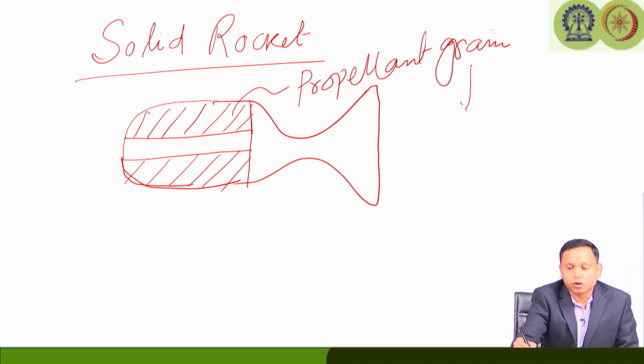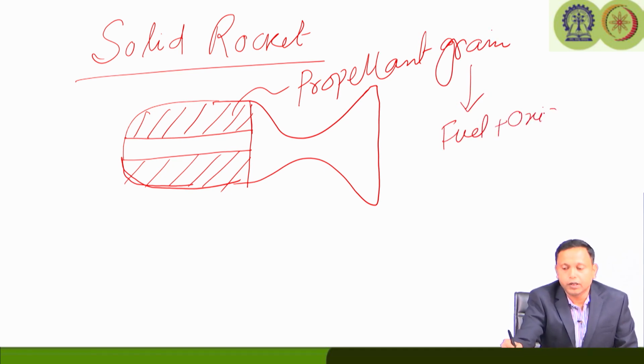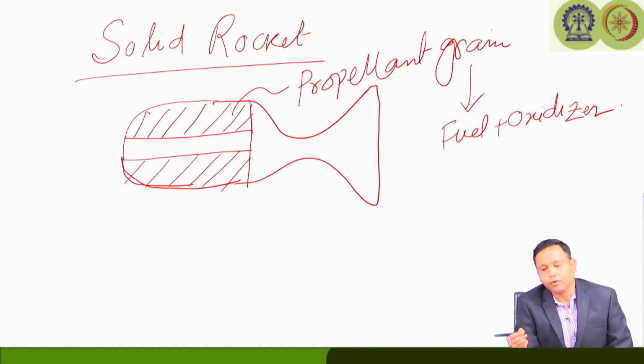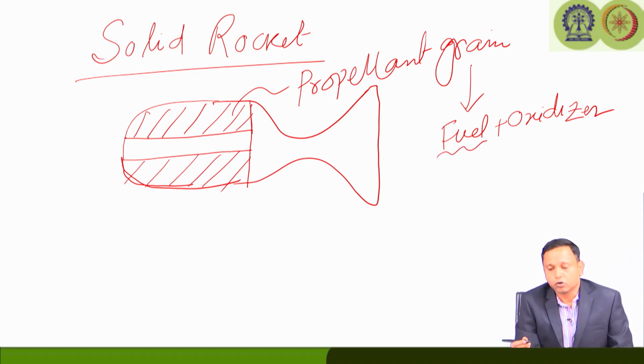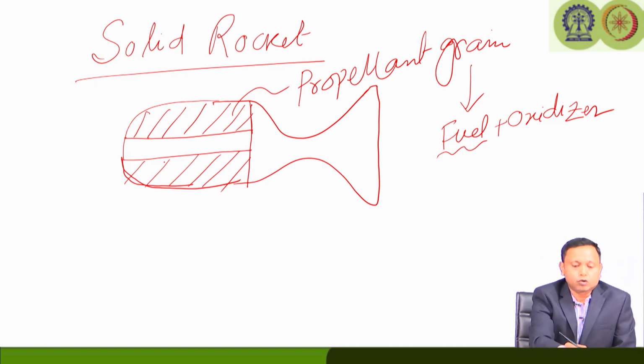So, this consists of both fuel plus oxidizer. It is carrying its own oxidizer for burning. Now, the oxidizer can be in the form of various crystals, for example, ammonium perchlorate or potassium perchlorate, or ammonium nitrate or potassium nitrate, and the fuel is generally a polymer, but after curing it becomes solid, and that is why you can make this solid block of material.